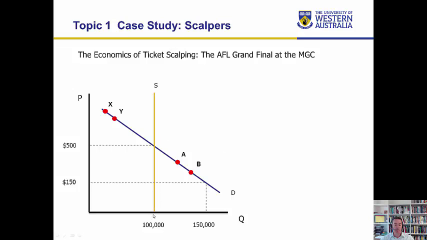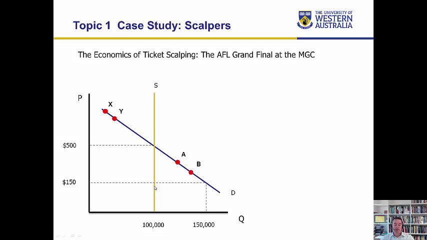We know the capacity is 100,000. The question I've got for you is, if tickets are sold at $150 a piece for these 100,000 identical seats, how long will it take for those tickets to actually sell out? I've never actually chased tickets myself for an AFL Grand Final, but I'm guessing all of the tickets sell out in a matter of hours.